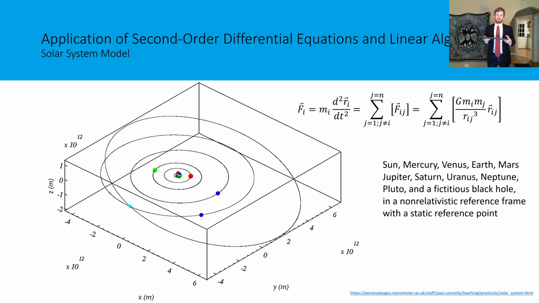If we were just considering magnitudes, then the magnitude of the force on Neptune by another body would be G m1 m2 over r squared, which is an early introduction to Newton's law of gravitation. But here we are considering the vector force.